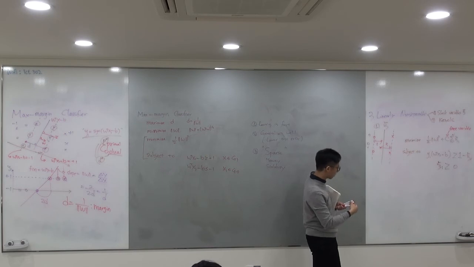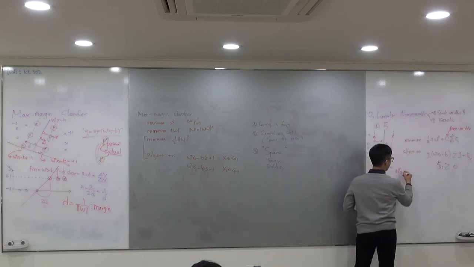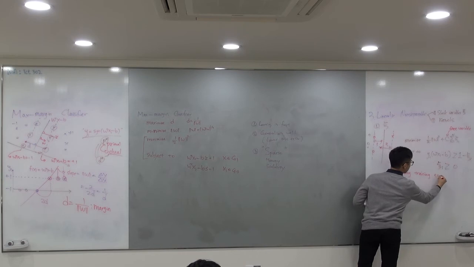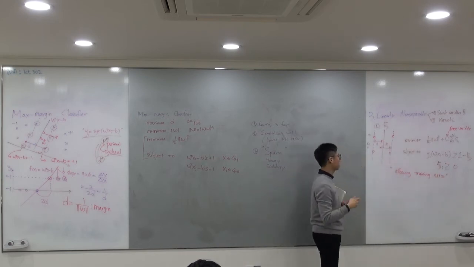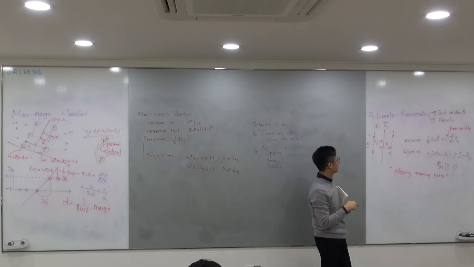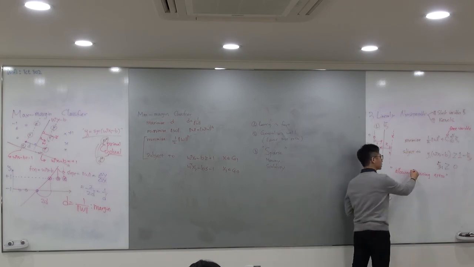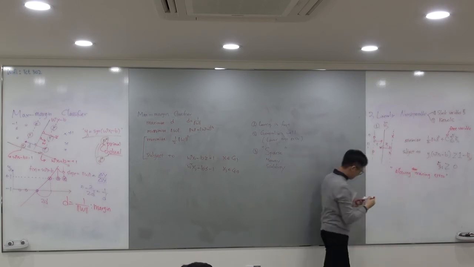So this whole concept can be summarized as... I think if you're familiar with neural networks, you are familiar with the concept of allowing training error. 더 붙여야 되나요? Allowing training error.